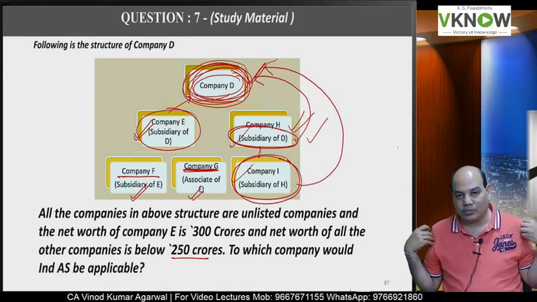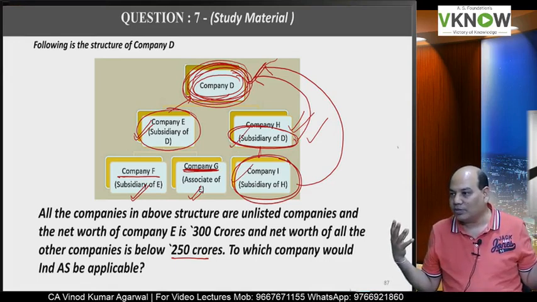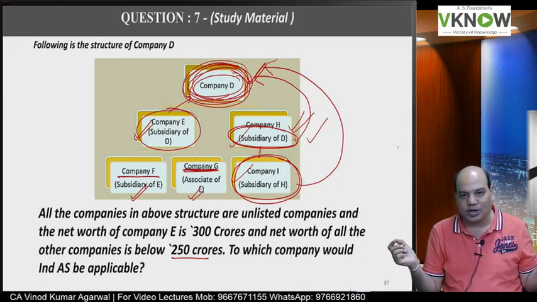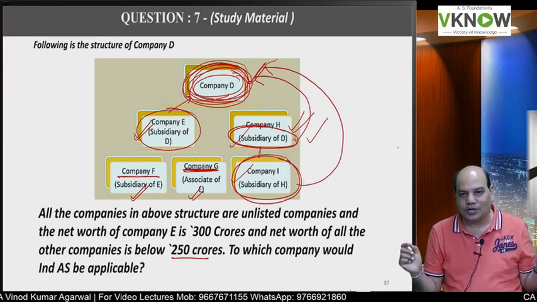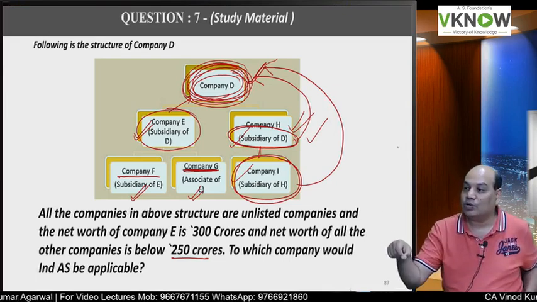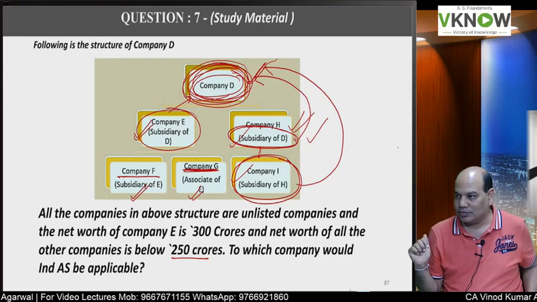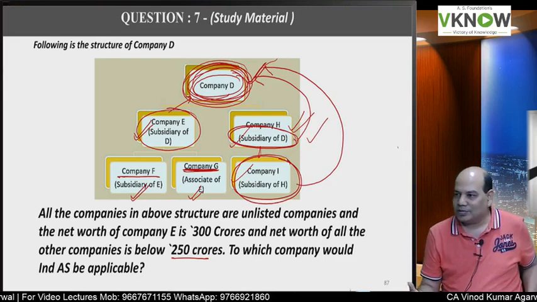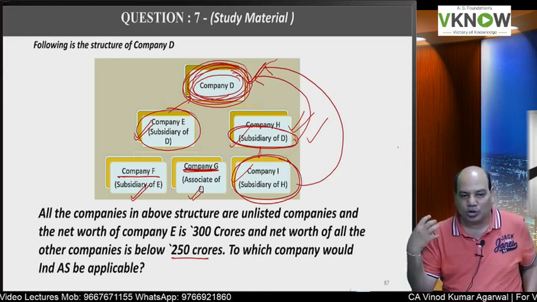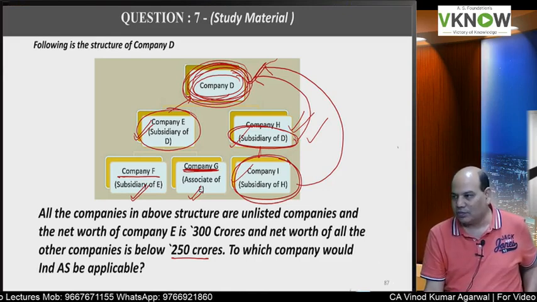The reason being, they won't have to prepare 2 sets of financial statement, but legally speaking, H and I are not mandatorily required to follow Ind AS. But practically, they will have to prepare financial statement based on Ind AS because it will be consolidated with company D.